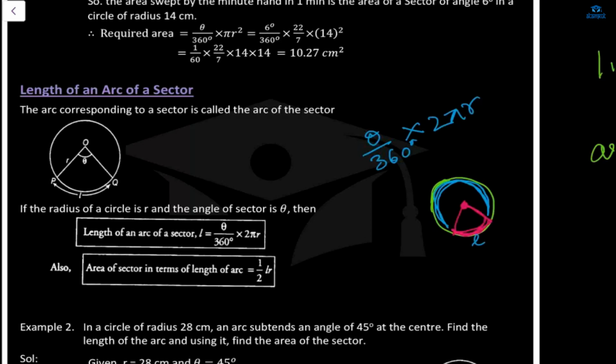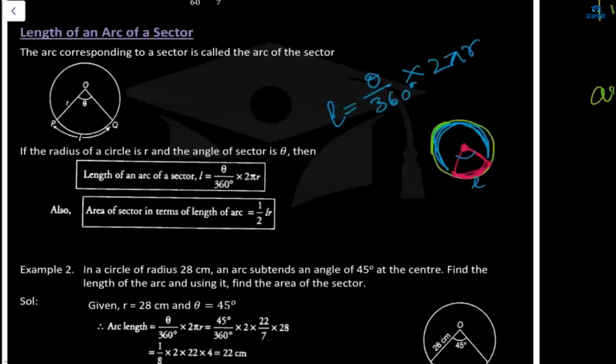If the degree is 180 degree, it will be a semicircle, and again you'll get pi r. If theta is equal to 90 degree, it will be a quadrant. If theta is any other angle, for that particular angle you find the part of the circumference.